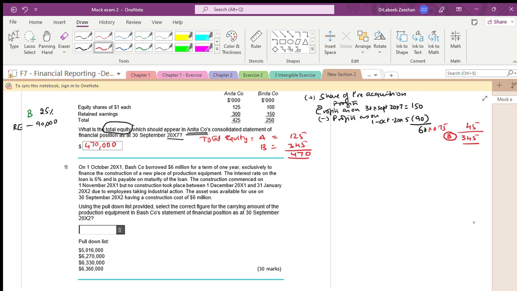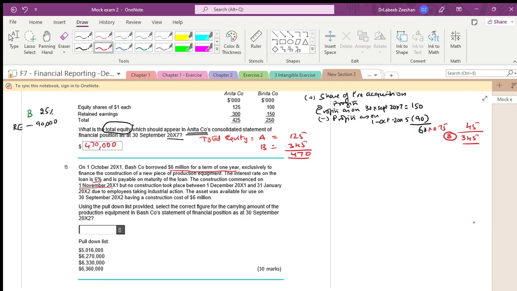On 1st October, Bash borrowed 6 million for a term of 1 year only, exclusively to finance the construction of a new piece of production equipment. The interest rate is 6%, payable on maturity. The construction commenced on 1st November. So 1st October and 1st November.